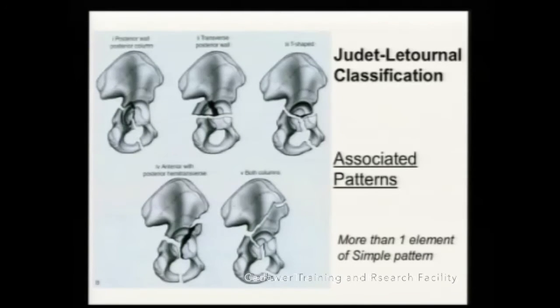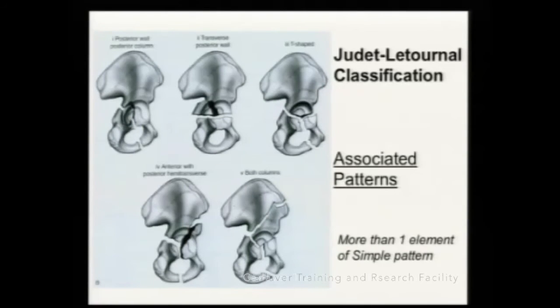It still is not a both column fracture because part of the weight bearing dome is still connected via the sciatic buttress to the axial skeleton. The difference between the both column and T-shaped fracture is this: in a both column fracture, no part of the weight bearing dome is attached via the sciatic buttress to the axial skeleton.